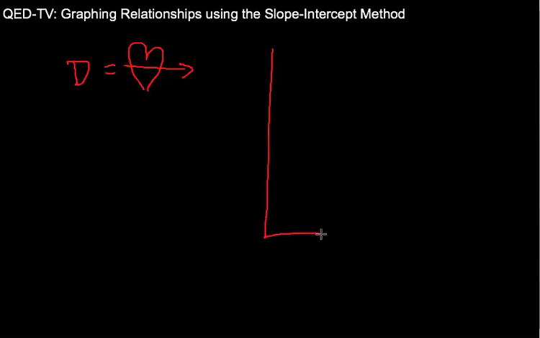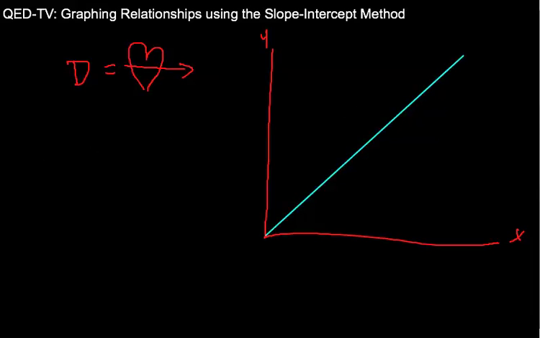You might remember that the equation for density, and we love density, right? Density equals mass over volume. So what would I graph on the Y and what would I graph on the X so that the slope of my line is going to be the actual density? I want my slope to be density.